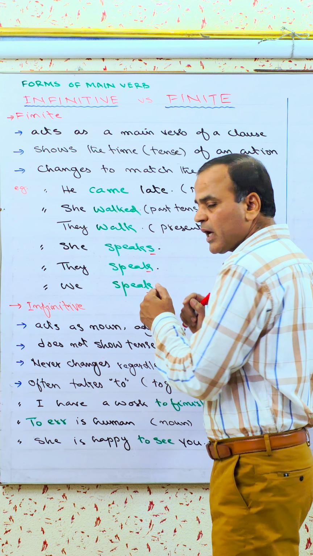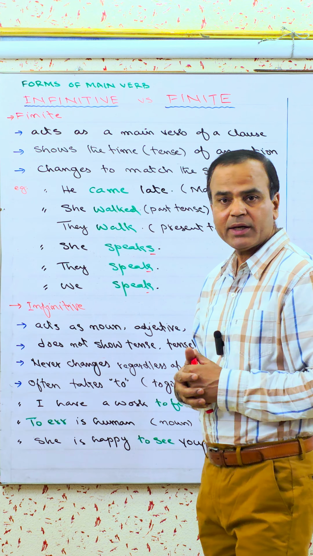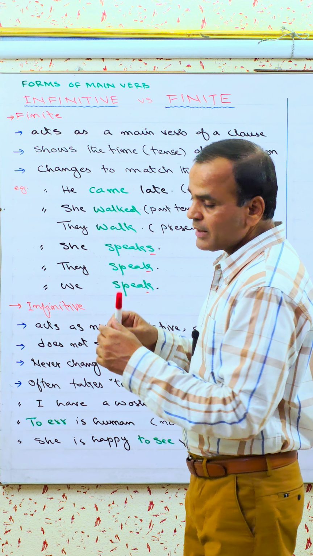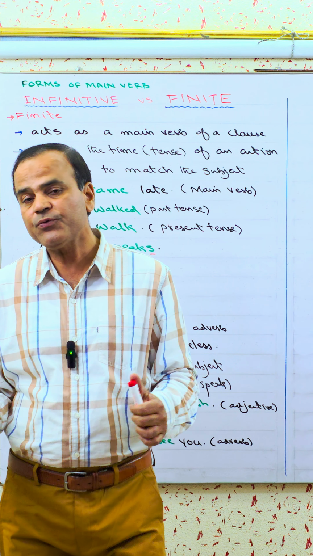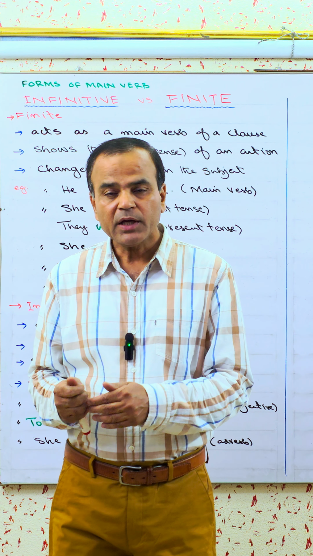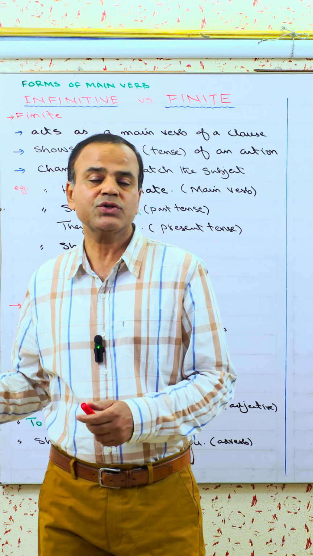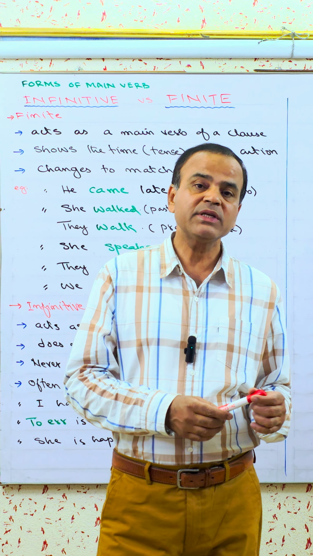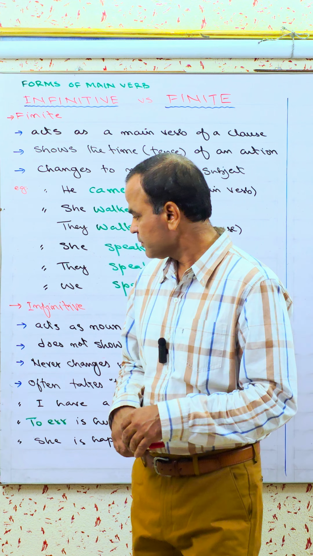We speak, not using s because with the plural subject we don't add s or es with the verb. So in a nutshell, the finite verb is the verb form that is the main verb in the sentence, it is restricted by the subject. It shows tense and it matches the subject, singular or plural.